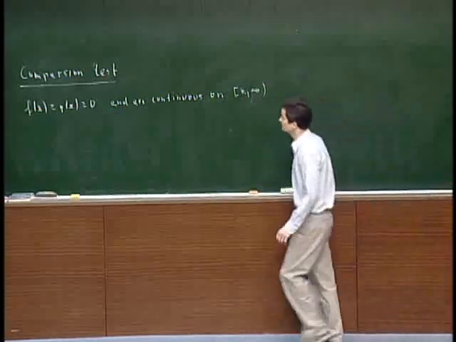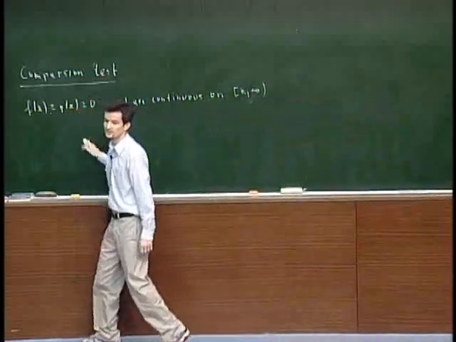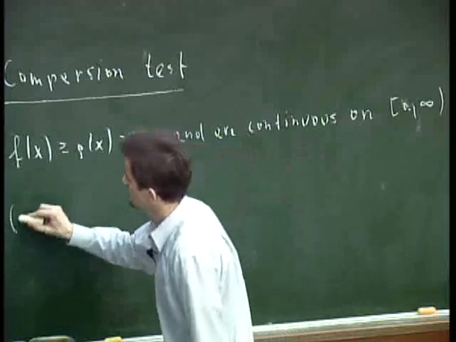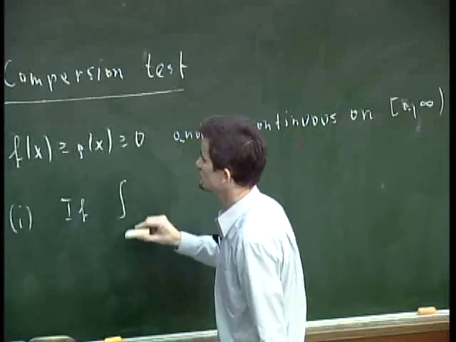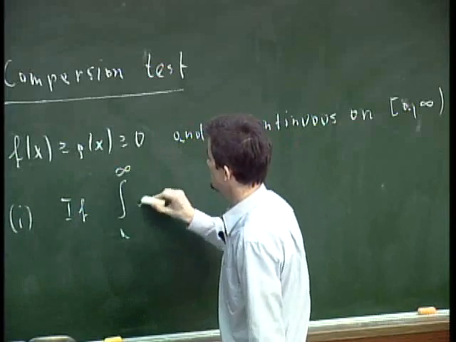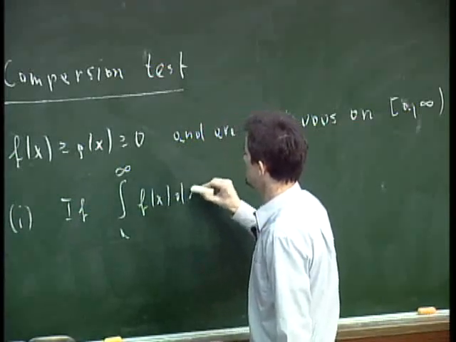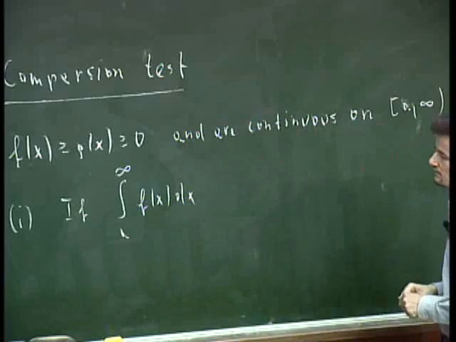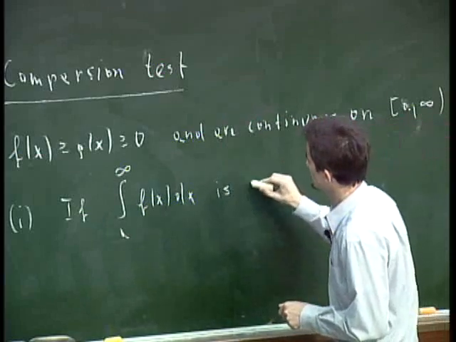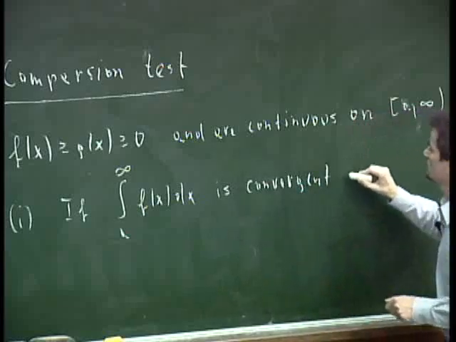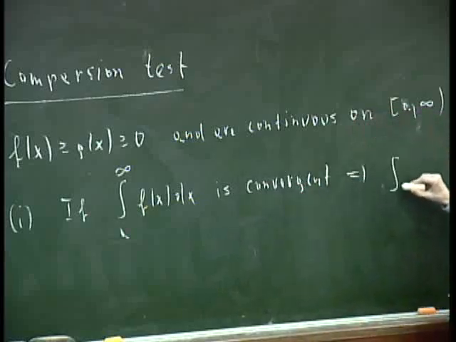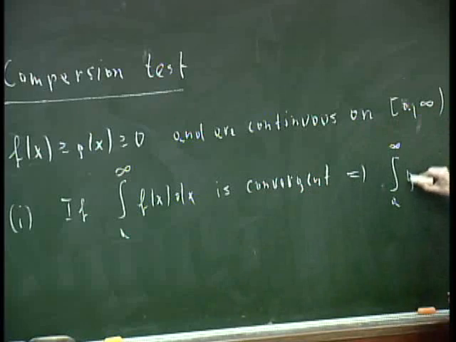So let's assume you are given two continuous functions which satisfy this relation. Now, the first part: if the integral from a to infinity of f of x dx is convergent, then the integral from a to infinity of g of x is convergent.